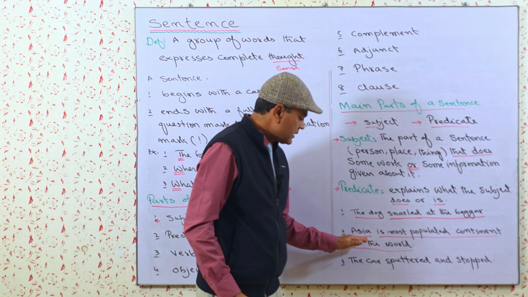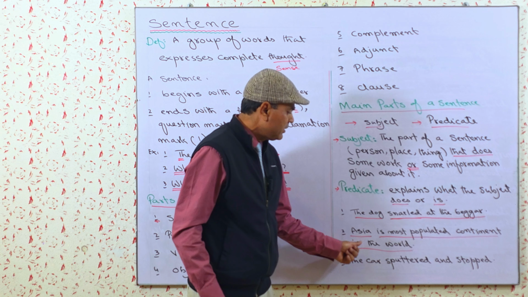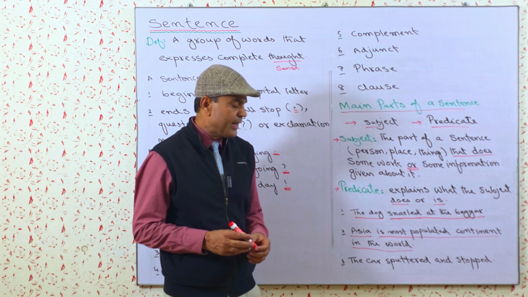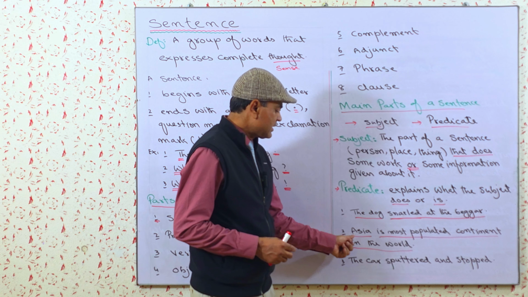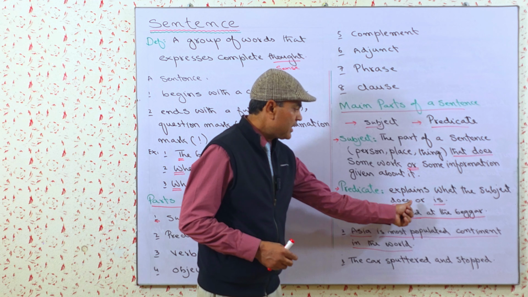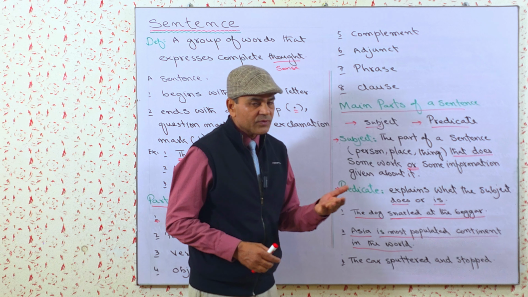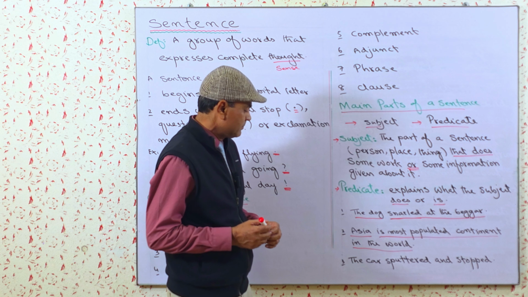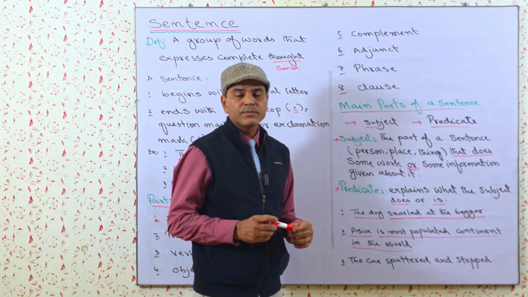Asia is the subject, is the most populated continent in the world is the predicate. Here the predicate is not showing that the subject is doing some work, but what the subject is.